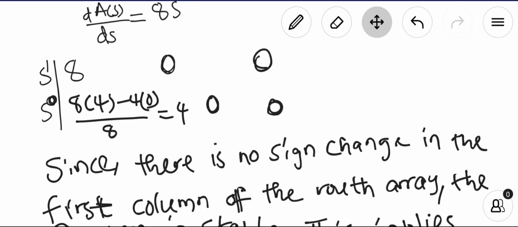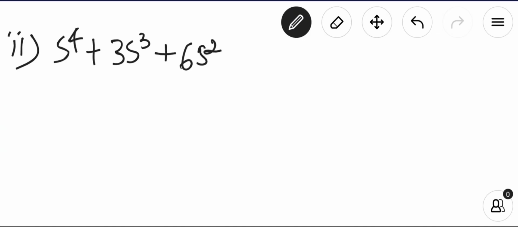Now moving to question 2. We have S4 plus 3s cubed plus 6s squared plus 12s plus 8 is equal to 0.